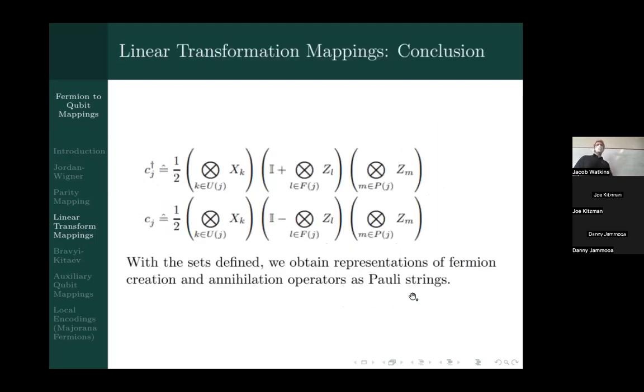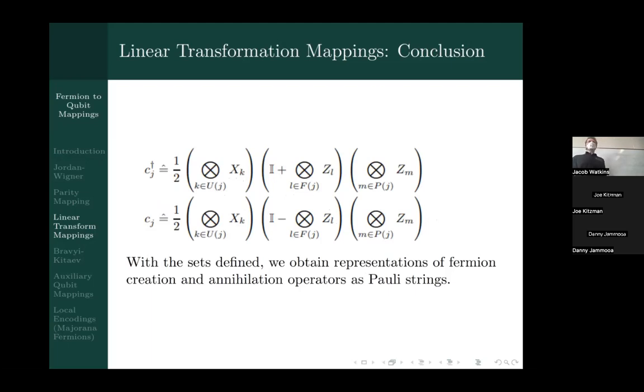So once we have all these sets defined, we have the generalizations of our fermion creation and annihilation operators in terms of Pauli strings, where you apply X to the update set, I plus or minus Z acting on the flip set based on whether it's creation or annihilation, and Z's to the parity set.